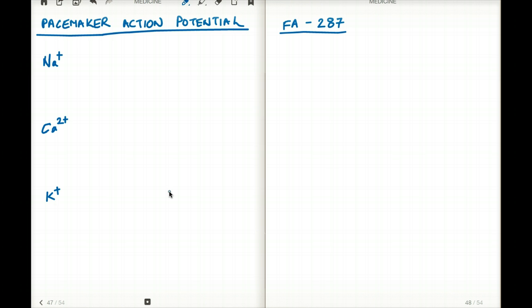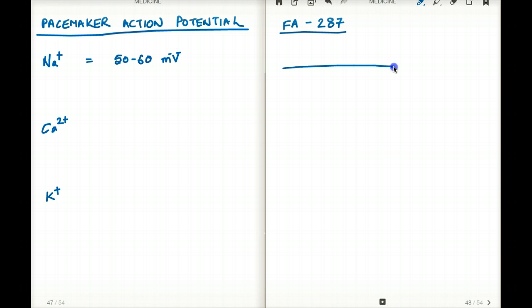Now, in terms of membrane permeability, the sodium equilibrium potential is about 50 to 60 millivolts. So this is a positive number. If sodium is across the membrane, it would want to reach this positive number to be in equilibrium.